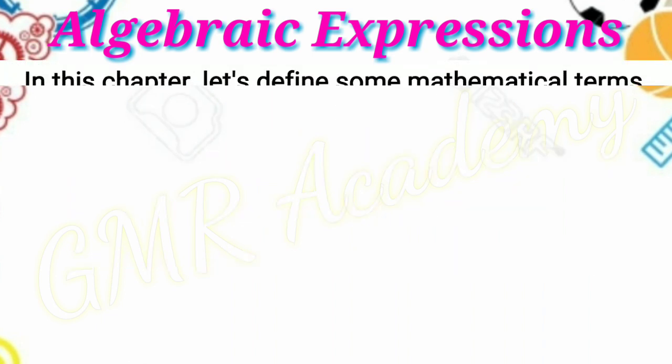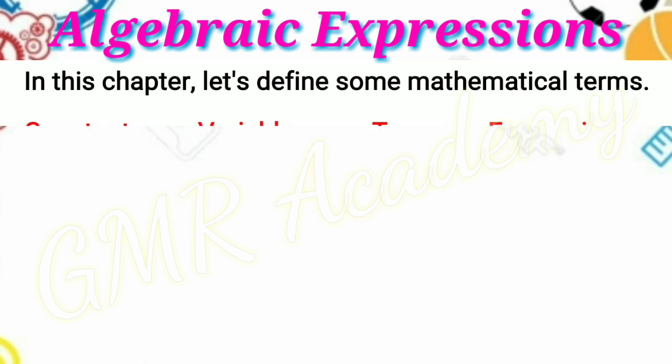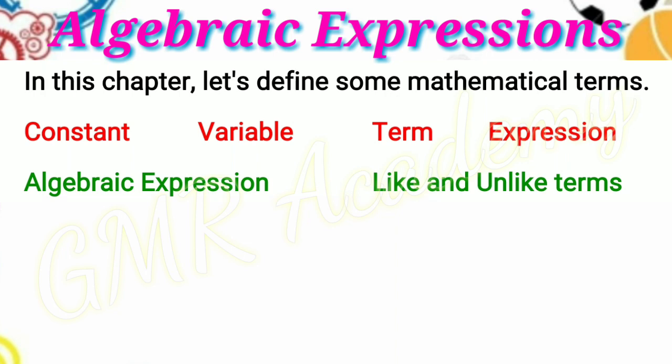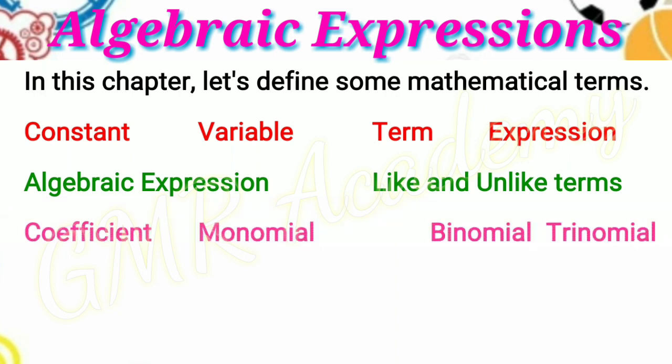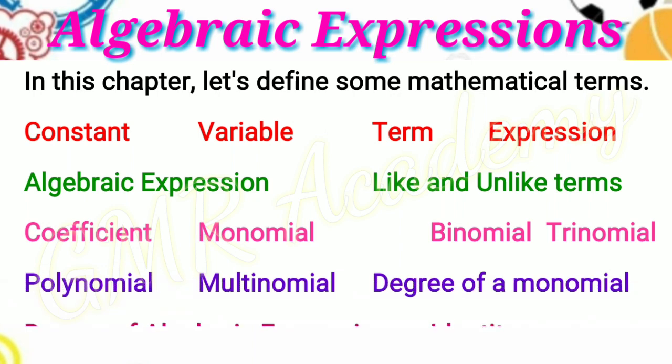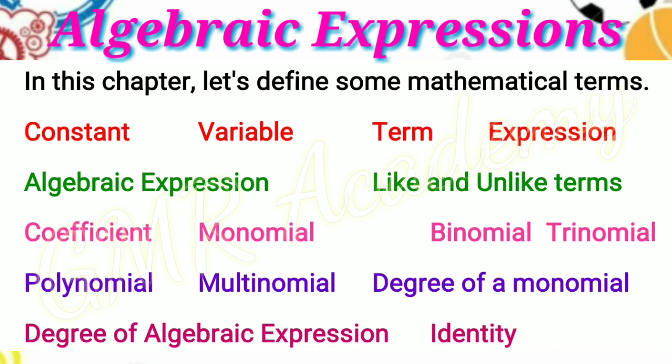In this chapter, let's define some mathematical terms: constant, variable, term, expression, algebraic expression, like and unlike terms, coefficient, monomial, binomial, trinomial, polynomial, multinomial, degree of a monomial, degree of an algebraic expression, identity.